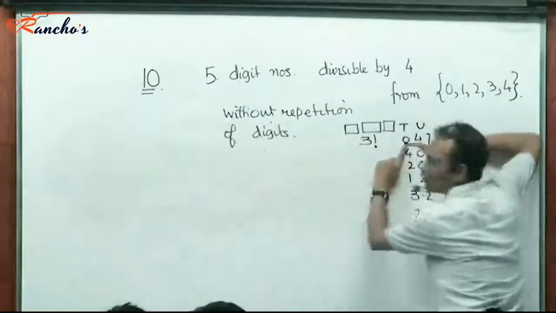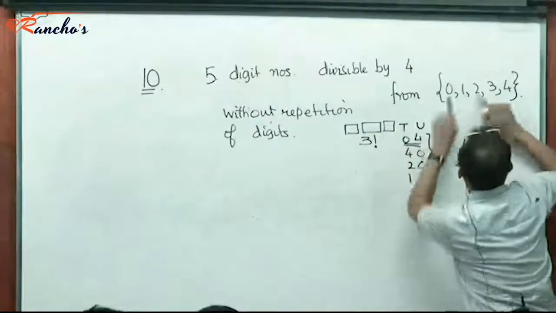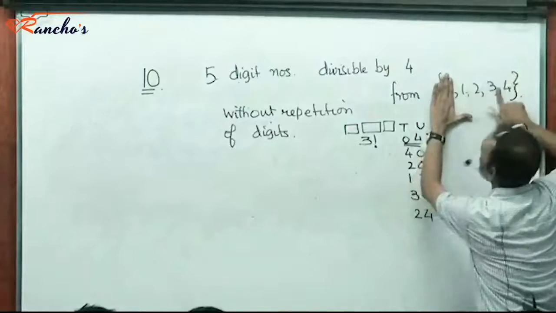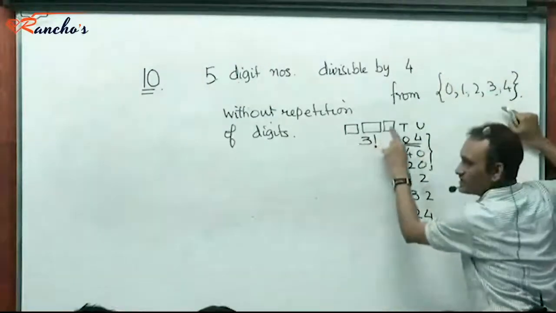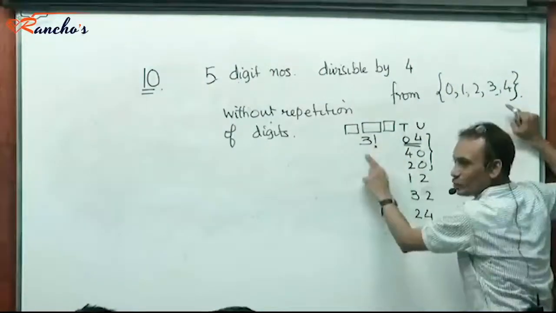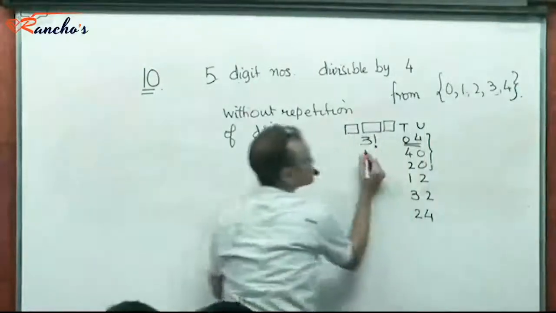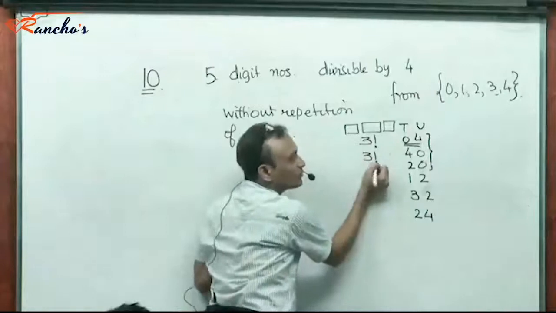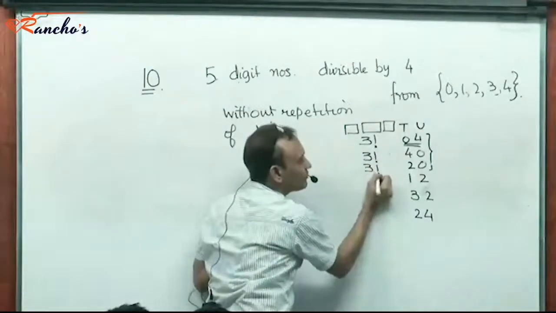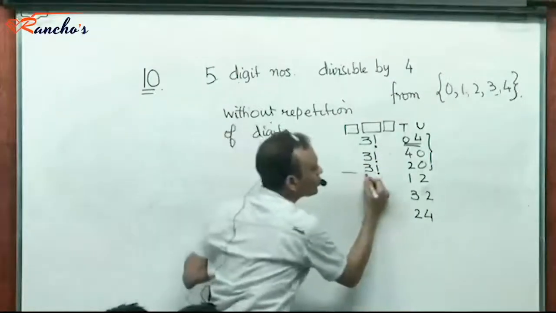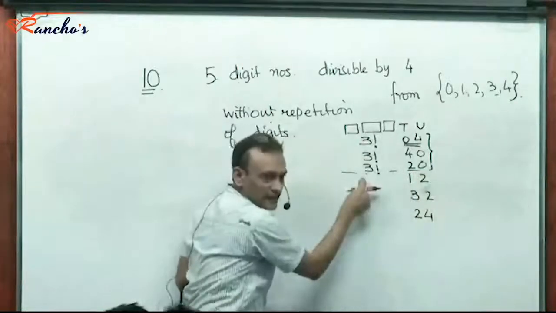Say, for example, 04, right? I've used up 04. Now 1, 2, 3 have to be arranged in these 3 spaces, and that can happen in 3 factorial ways, right? So 3 factorial for this, similarly 3 factorial for this, similarly 3 factorial for this. Yes or no? So this is 18, right?